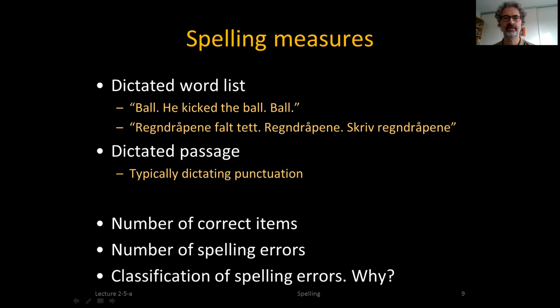They're different kinds, and they are classified, and they should be classified when you intend to go toward intervention, because different kinds of spelling errors may indicate different kinds of underlying weaknesses or different stages of reading and spelling development. And this has direct implications for planning intervention.